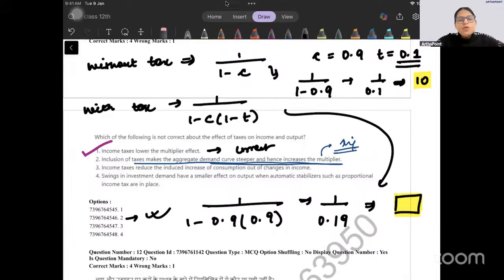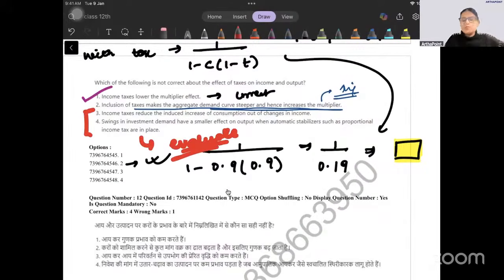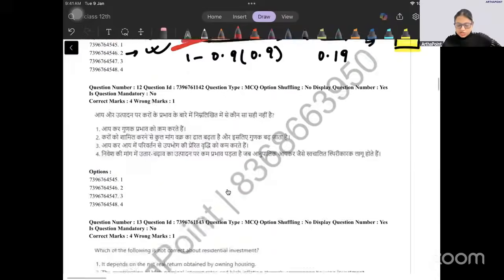So all of you who have answered 2, that will be the right answer. It does not increase the multiplier. It decreases the value of the multiplier. Right? Okay. So I want you guys to go ahead and, as homework, evaluate these in detail. We'll go on to the next question.